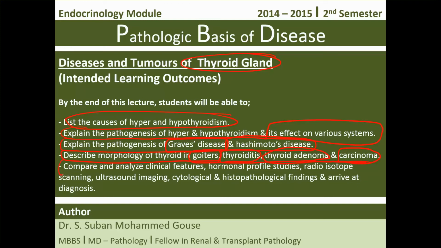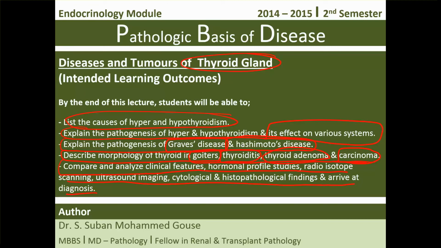This is a very important one: you should be able to compare and analyze the clinical features, hormone profile studies, iodine isotope scanning, ultrasound images, cytological and histopathological findings, and arrive at a diagnosis. See, there is a lot of information you have to compare and analyze when you want to come to a diagnosis in thyroid diseases.